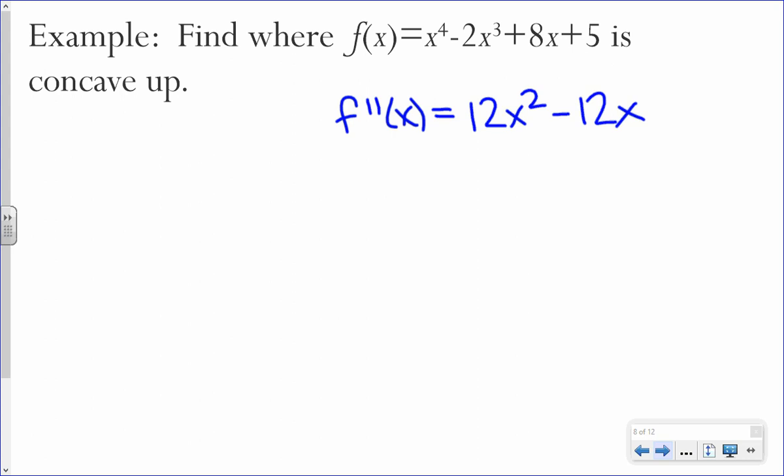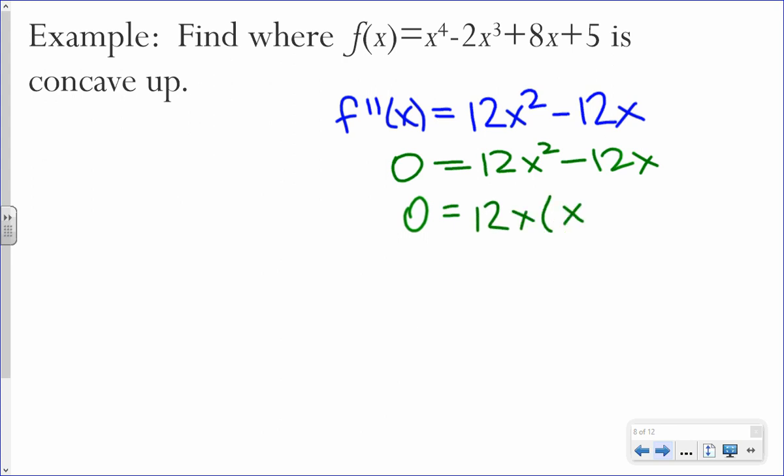Okay. So to determine our possible inflection points, we need to know where our second derivative is 0. In order to do that, what should we do? Factor out 12x. Left over is x minus 1.